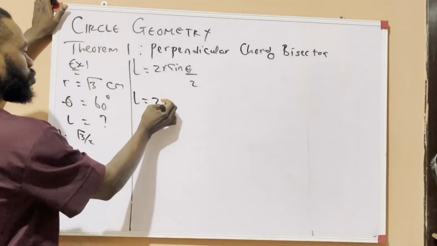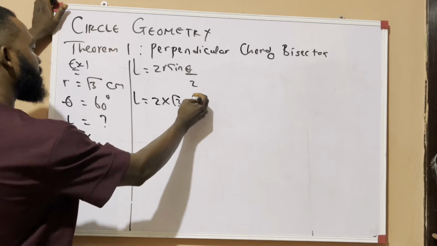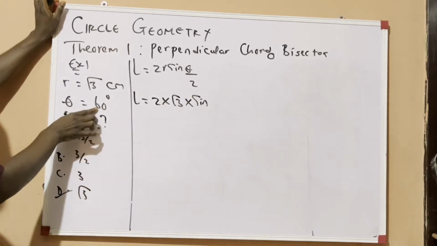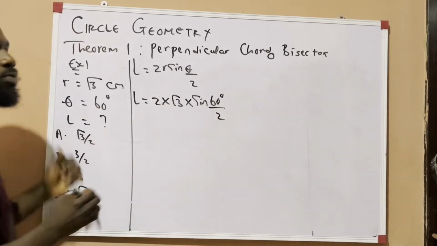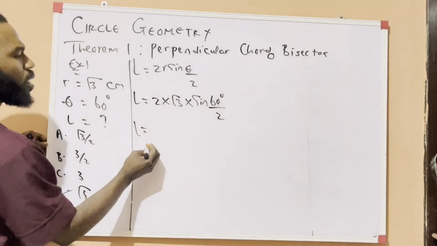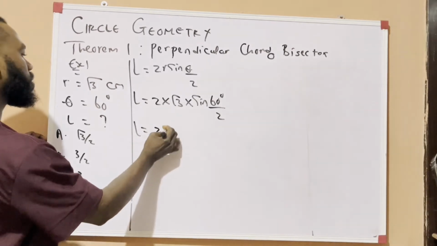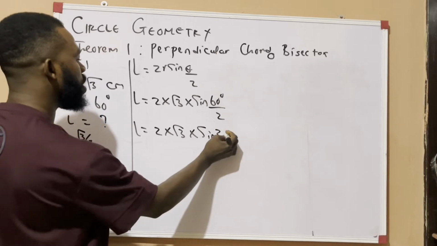So length becomes 2 multiplied by root 3 multiplied by sine. Now theta was given as 60 degrees, 60 degrees divided by 2. And of course, here becomes length is equal to 2 times root 3 times sine 30 degrees.